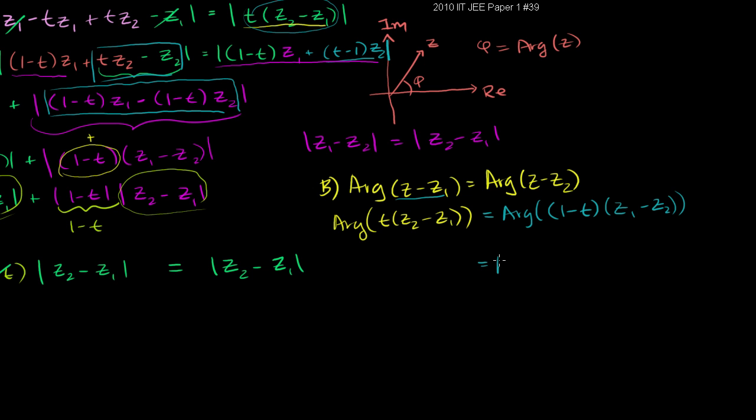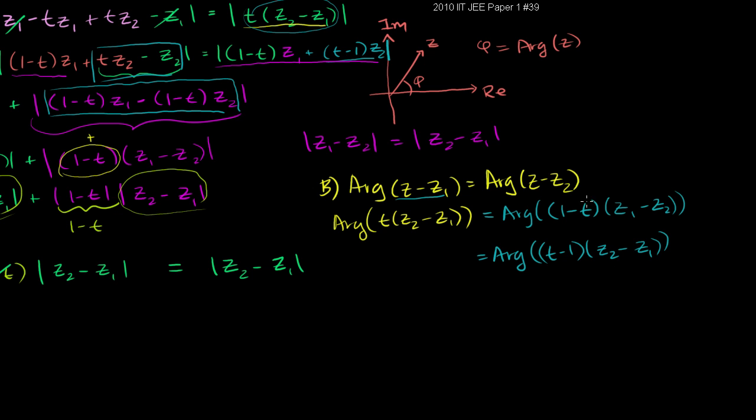So the statement is claiming this is equal to the argument of t minus 1 times z2 minus z1.